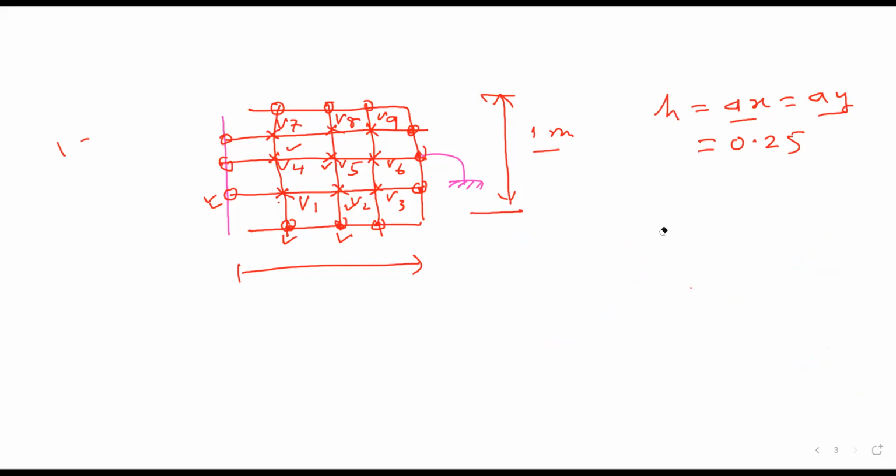That means we are assuming a value V1 through V9 equal to 0 volt for the 0th iteration. That means these are the initial values. Your superscript indicates the iteration and your subscript is the node potentials, okay?